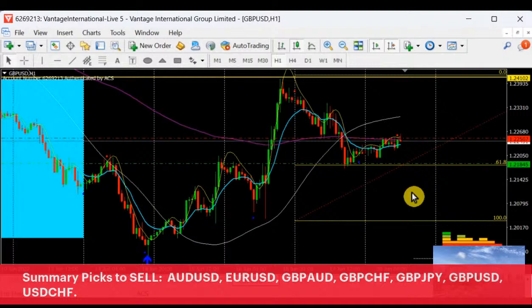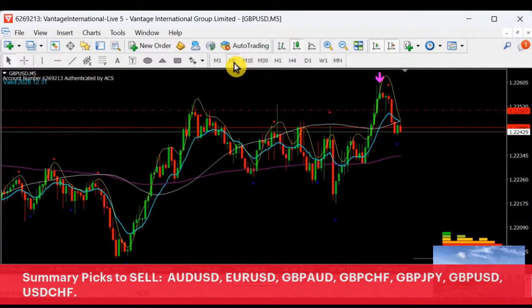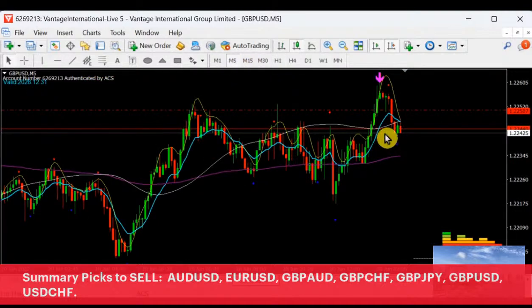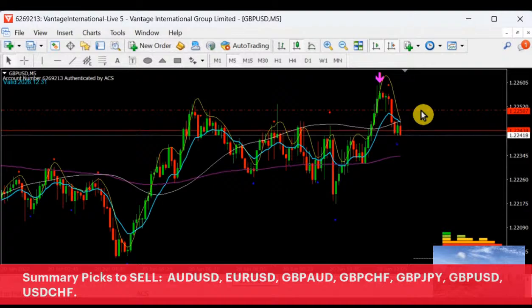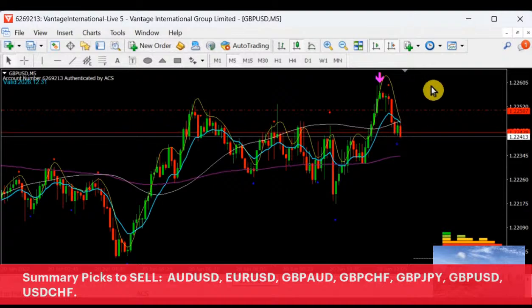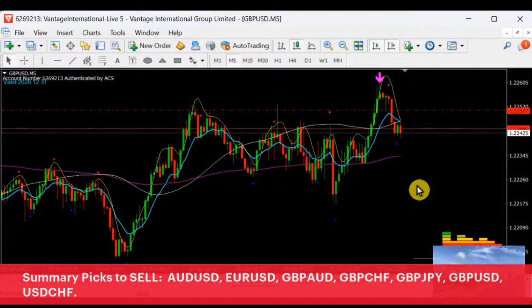If it's not going up to break out, probably it will have a chance to go down and test the support to see whether that support will break, so that there will be a good chance to sell. That's for pound dollar.